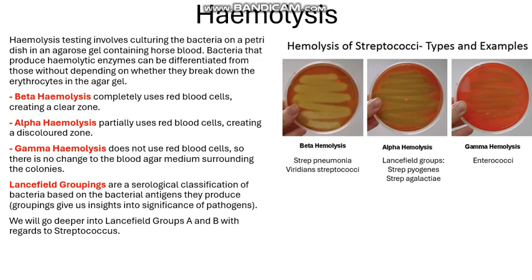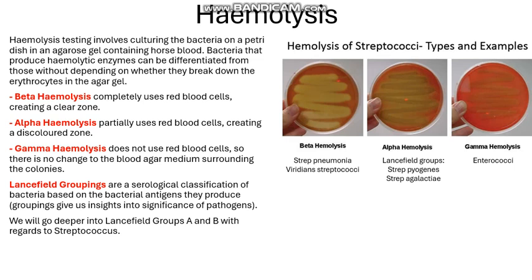Now we're going to move on to a topic called Lancefield groupings, which are a serological classification system used to identify bacteria based on the bacterial antigens they produce. The Lancefield groupings give us insights into the significance of pathogens.